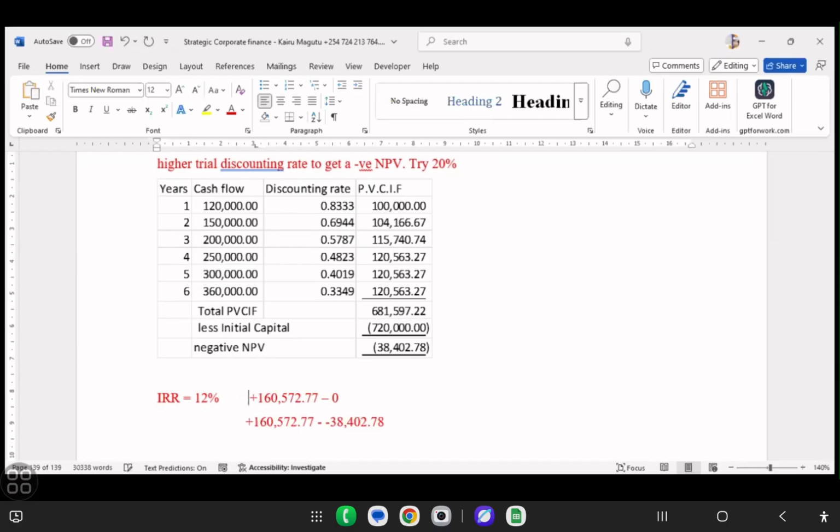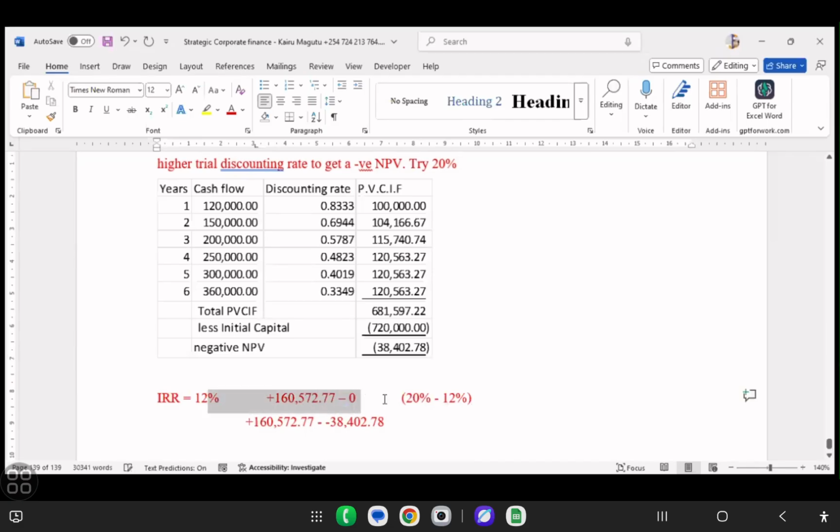If I could have it that way, then I will multiply by the higher rate, which is 20%, minus the lower rate, which is 12%, like that. Yeah, I think that is the way it should be.